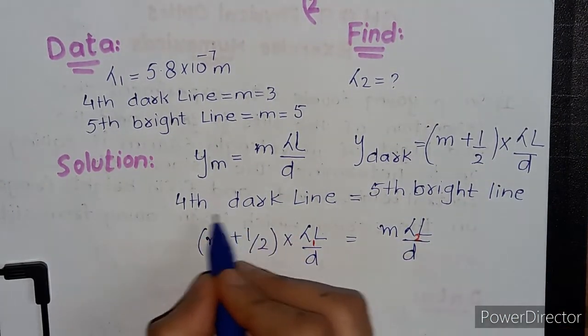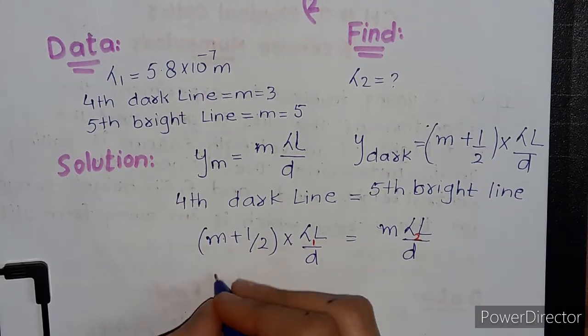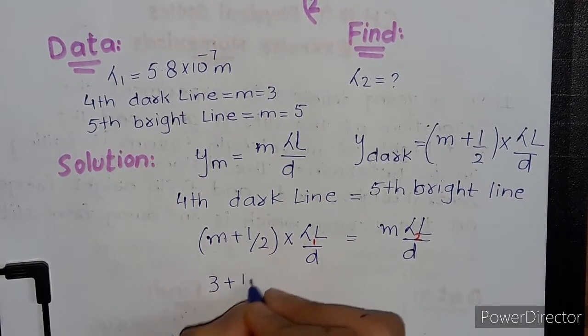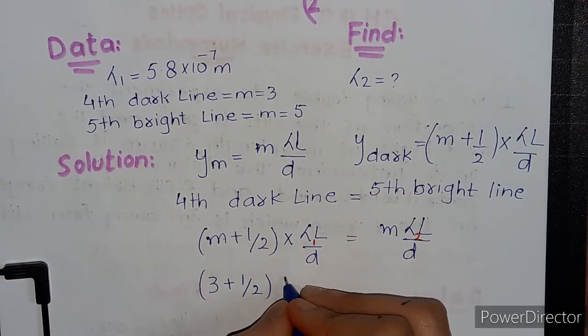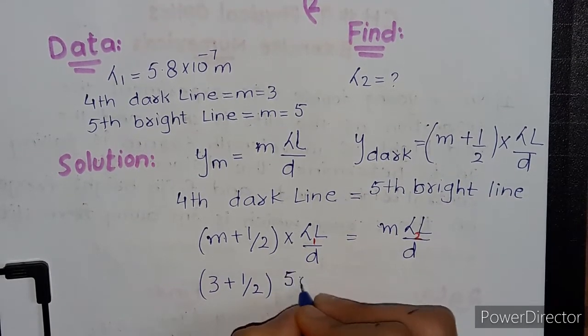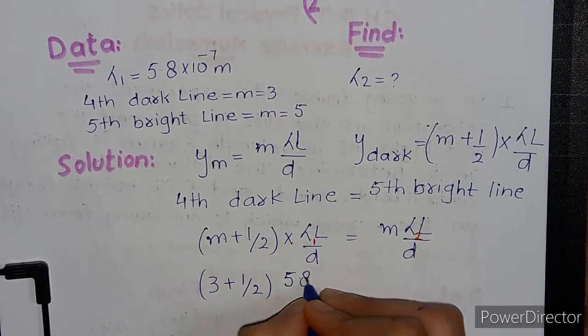The m value for dark is 3, so (3 + 1/2) into the lambda 1 value, 5.8 × 10^-7, putting the value of lambda 1.